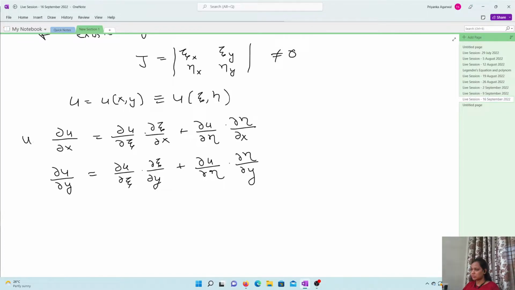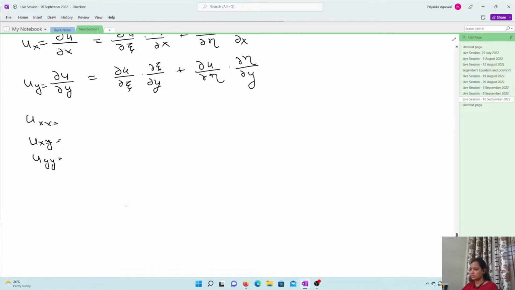So this is ux, this is uy, and similarly we can write for uxx, uxy, uyy, all in terms of xi and eta.